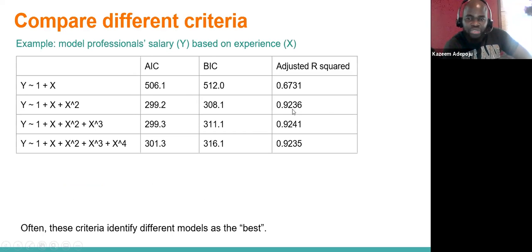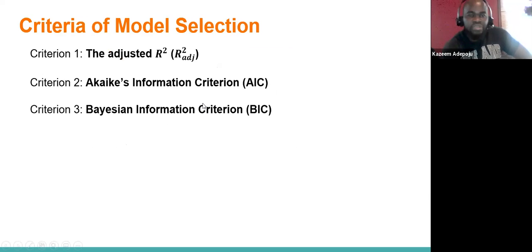In fact, to 2 decimals it is going to be 0.92. Look at that. That is the reason why we're going to settle with the model identified as the best by the AIC and the BIC. So these are the model selection criteria that we can use.